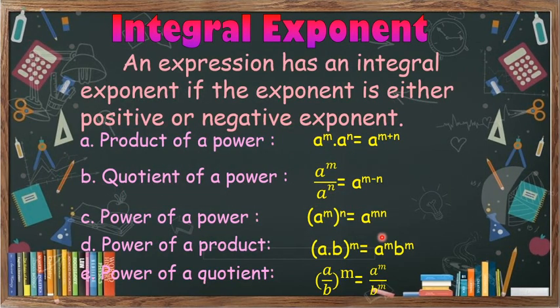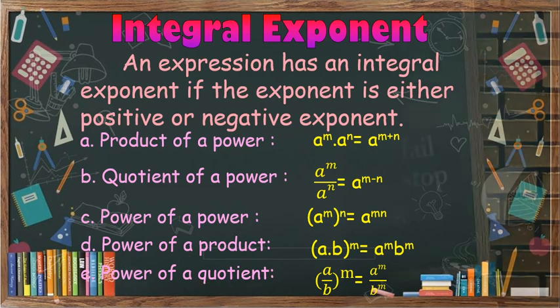In integral exponent, an expression has an integral exponent if the exponent is either positive or negative. And here are some laws of exponents you can use in simplifying integral exponents, such as product of a power, quotient of a power, power of a power, power of a product, and power of a quotient.